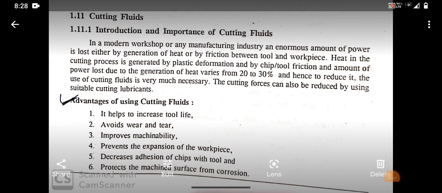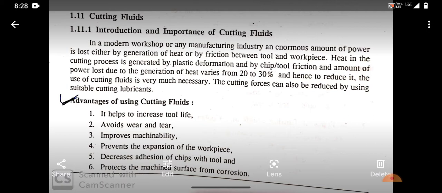If the heat generation between the tool and workpiece is high, the tool will wear early. But by using cutting fluids, it keeps the cutting zone cool and reduces the heat generation, and the friction on the tool is also reduced, which avoids wear and tear.